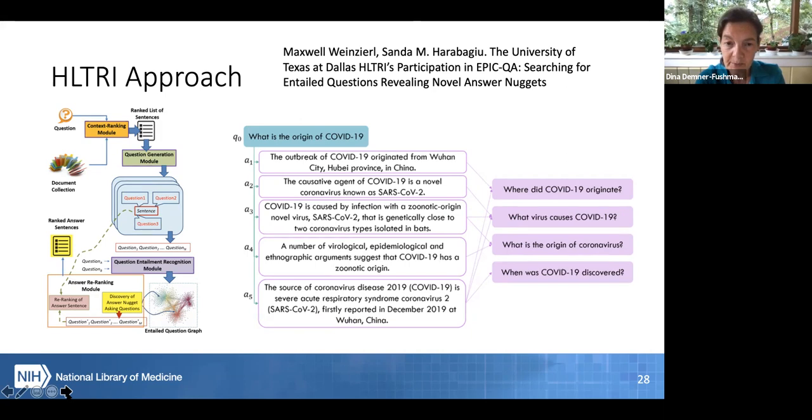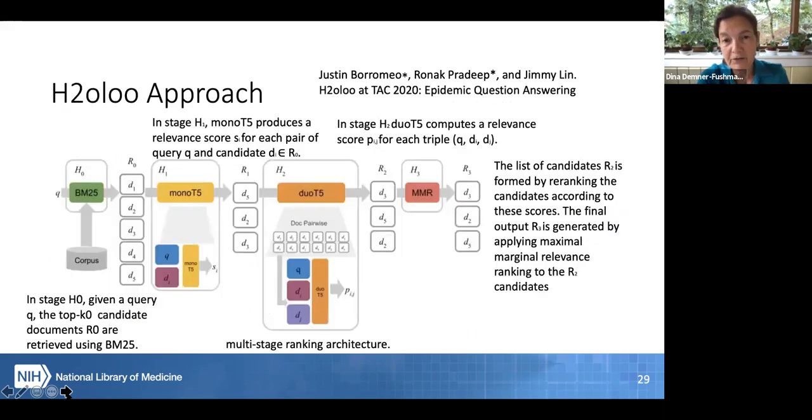And that might explain, because we have seen that there's lots more nuggets in the professional answer keys. So finding all these new nuggets and presenting them upfront might have been why that system performed so successfully on the professional task.